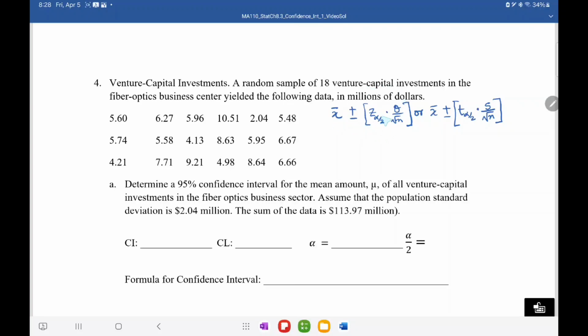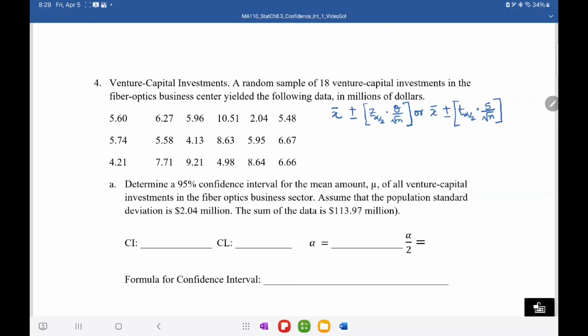The first one, x bar plus minus z of alpha by 2 times sigma divided by square root of n, is going to be used if the population standard deviation is known to us. And the other one, where we use the t distribution with the sample standard deviation, is to be used if the population standard deviation is unknown. So let's see if the population standard deviation has been given to us or it hasn't been given to us.